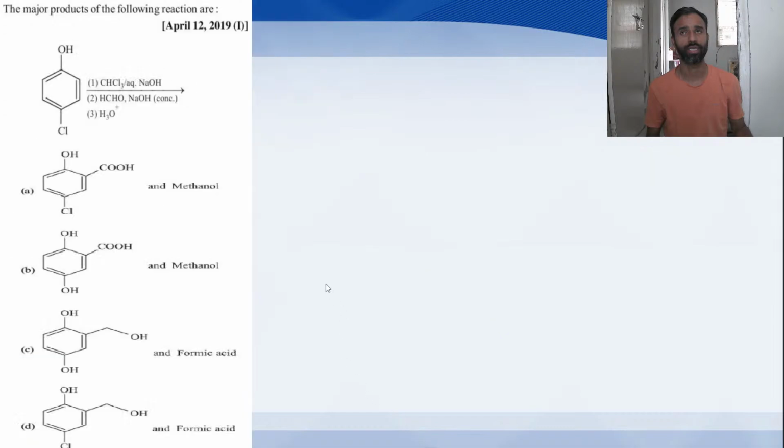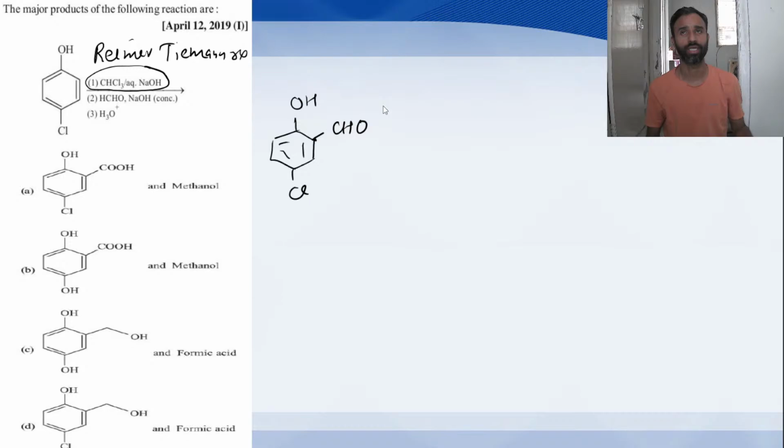Next, the major product of the following reaction. Chloroform in the presence of aqueous NaOH. This is the Reimer-Tiemann reaction, so we get this product by this reaction. Then with HCHO in the presence of concentrated sodium hydroxide.